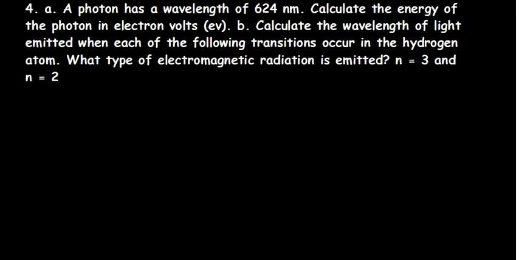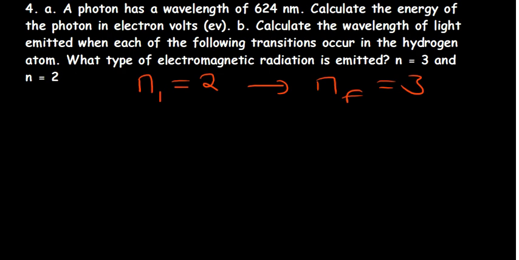So I'll consider one case where we have a transition from the second to the third, where an electron is moving from the second energy level to the third energy level as our final. The first part is to determine the wavelength.